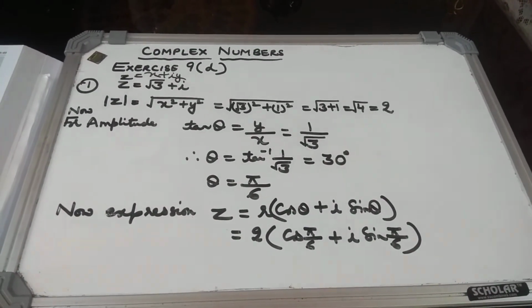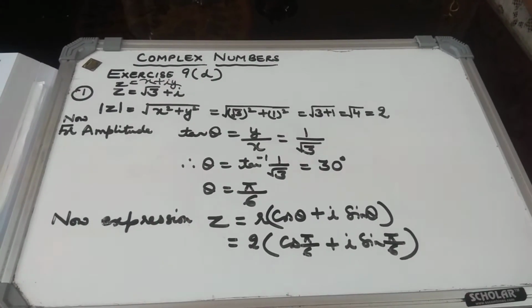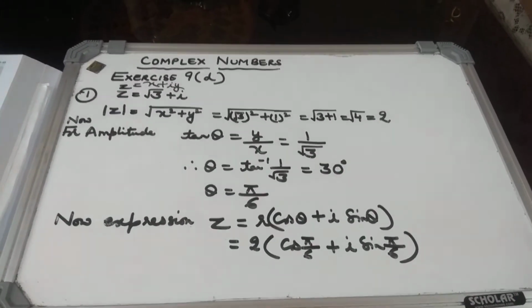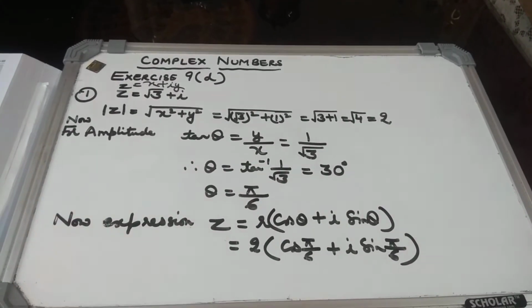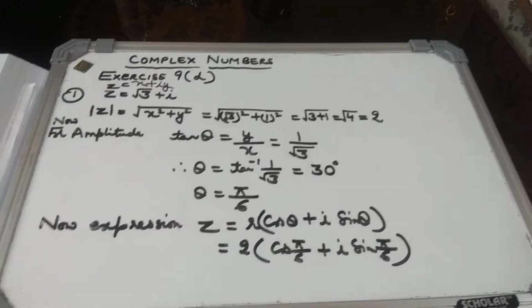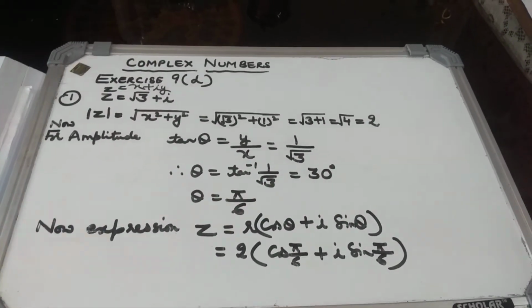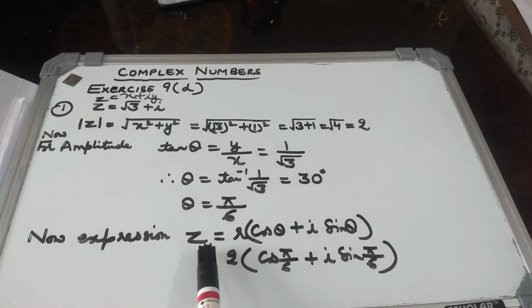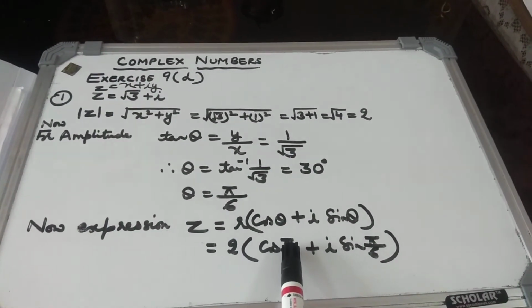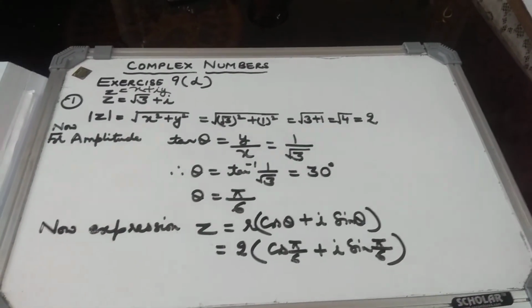Then comes amplitude. Tan theta is equals to y by x. So substitute the value of y and x. Theta becomes 30 degree, which is in this case theta can take any value, and you know how to express the values. So put it now in polar form, r cos theta plus i sin theta. Hence this is your final answer.